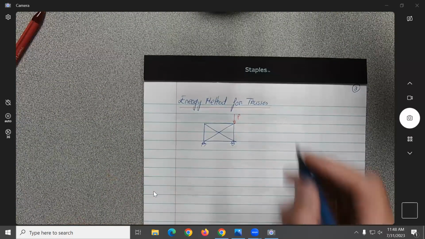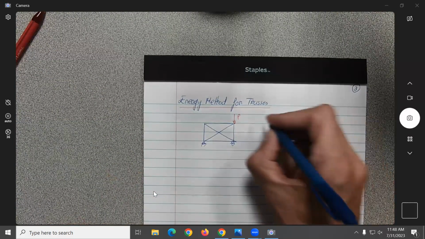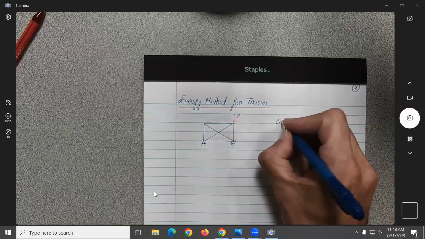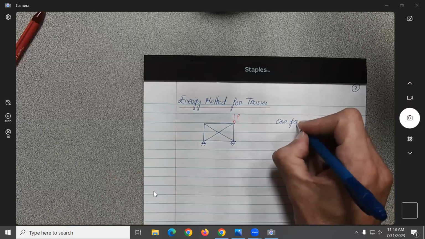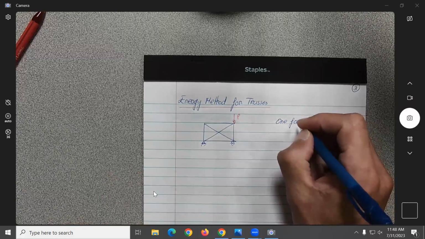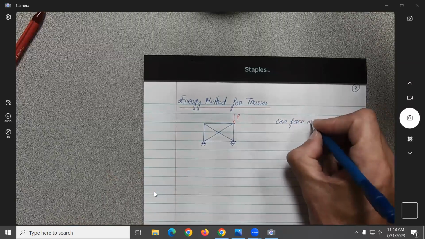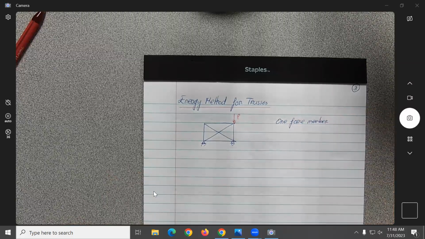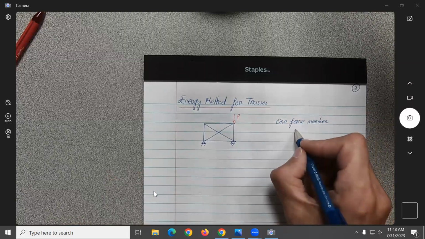What is the assumption that is made when you solve truss structures? What do we say about each one of the members? Sometimes they call them two force members. Personally, I call them one force member, because what I want you to think about is that they can only have force in the axial direction. So if the force is only axial, you have two choices.